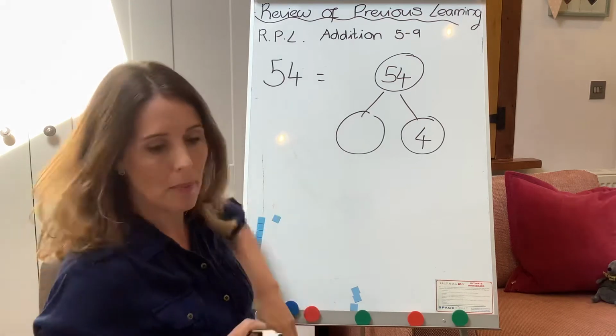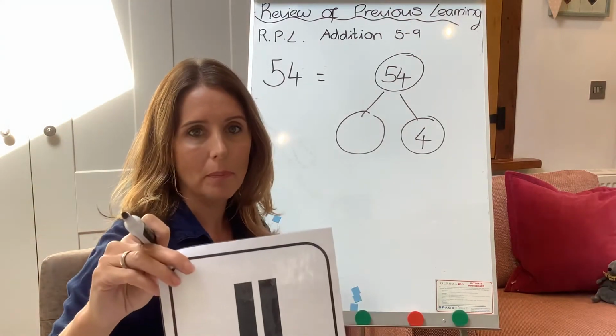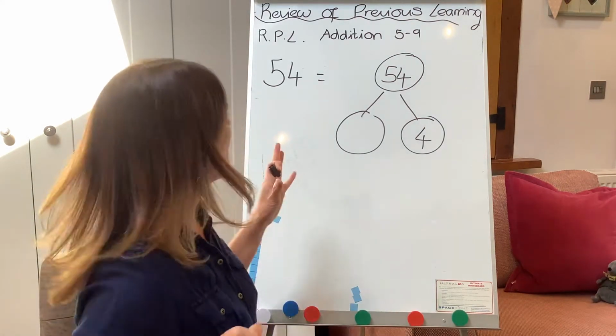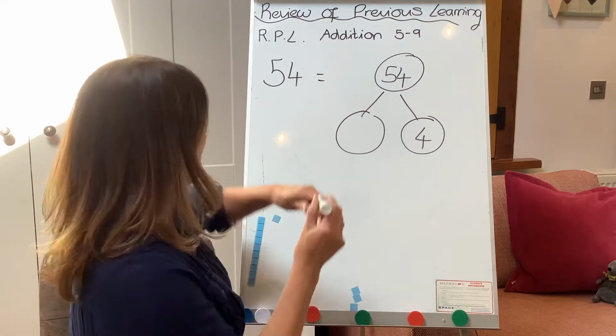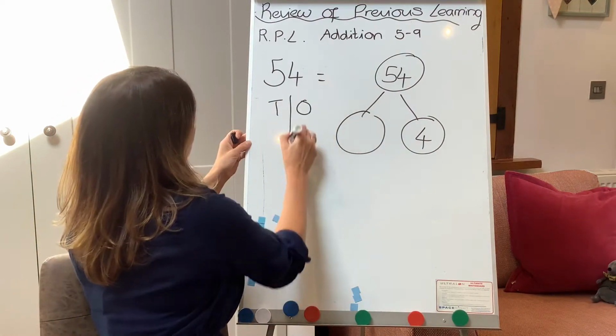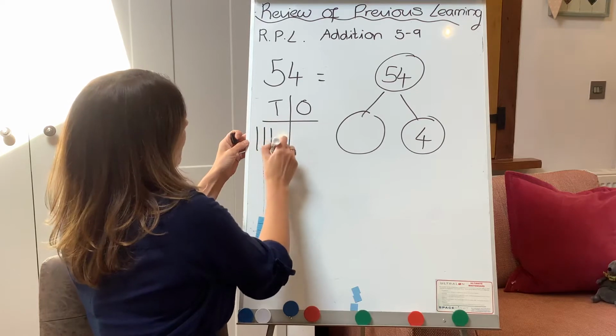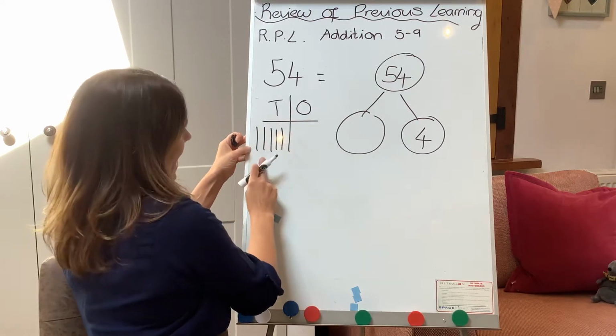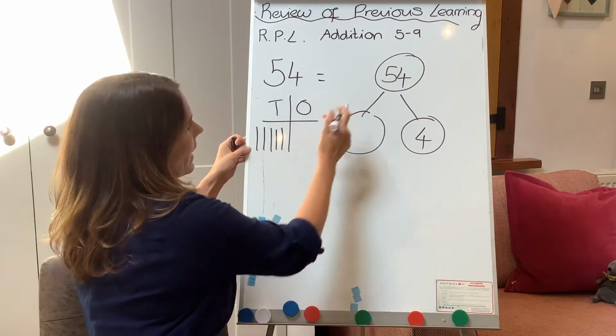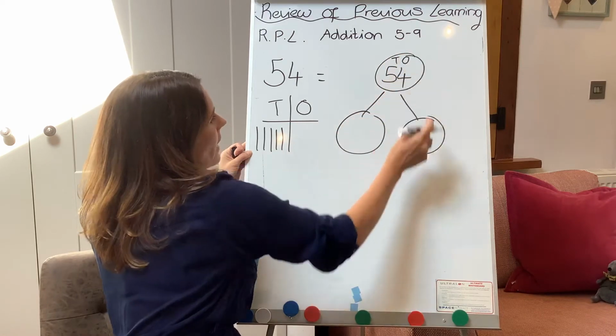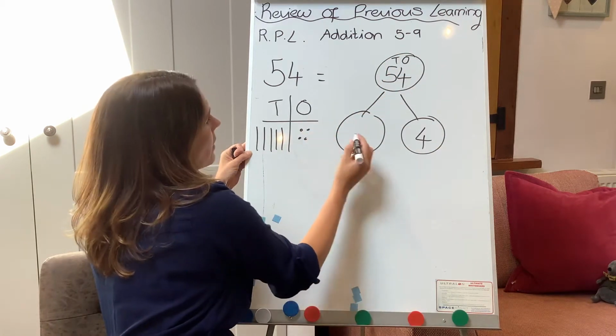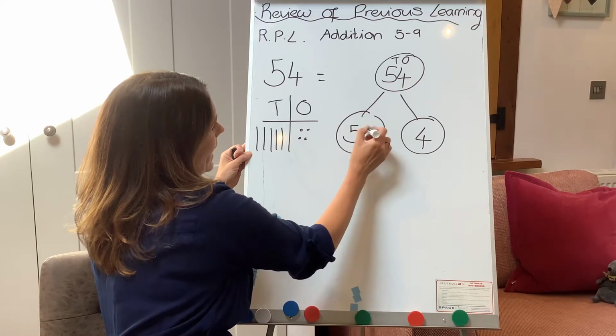Okay, so have a pause of it and have a go at that one. Okay, so hopefully you've seen that 54 is made up of 5 tens, 1, 2, 3, 4, 5 tens, and 4 ones. So we'd have 50 in here.